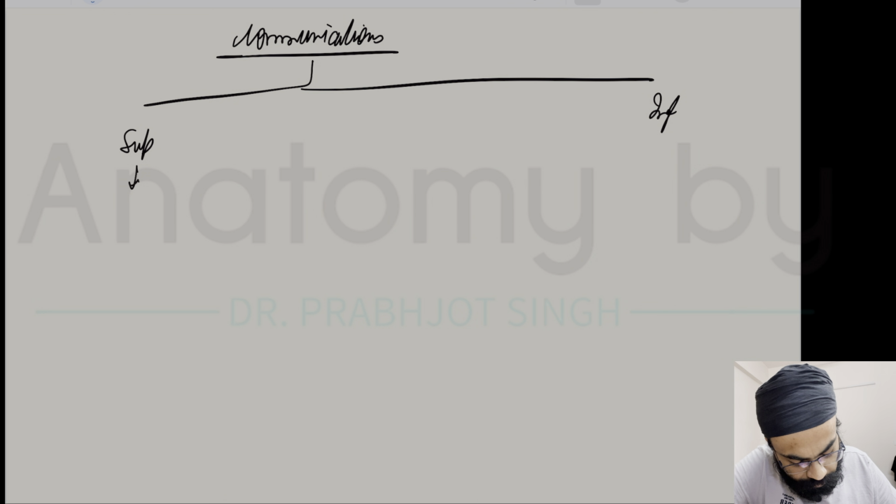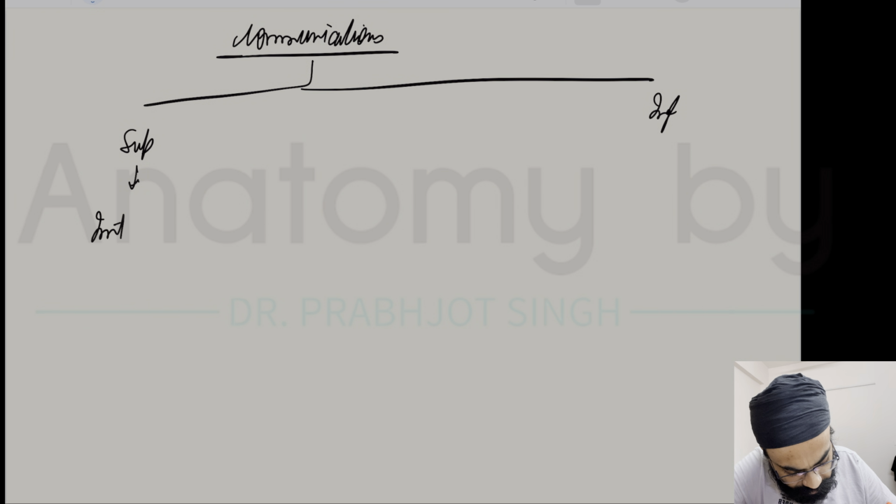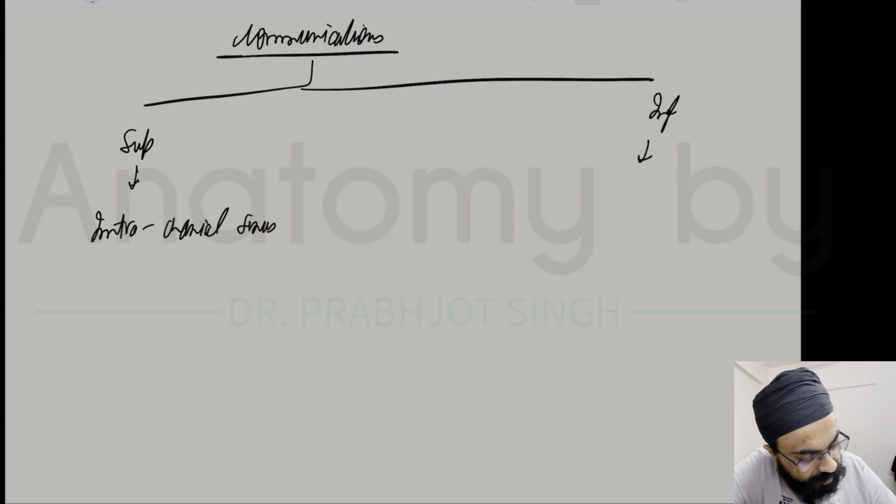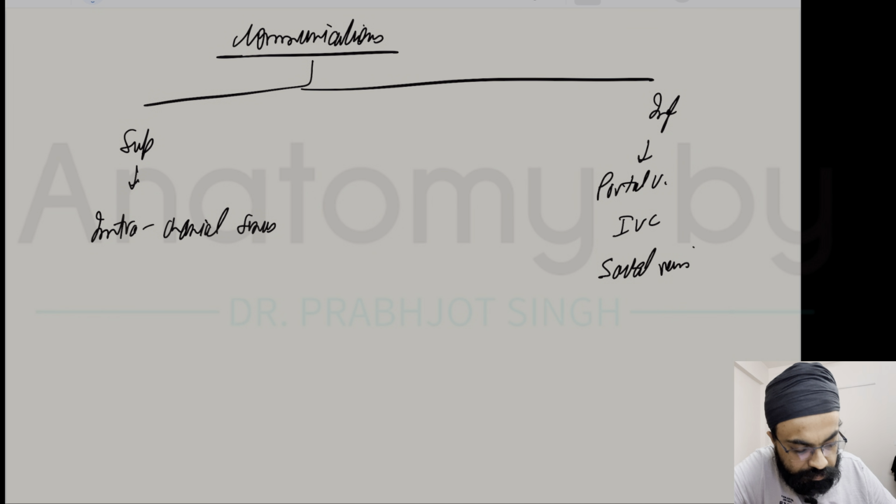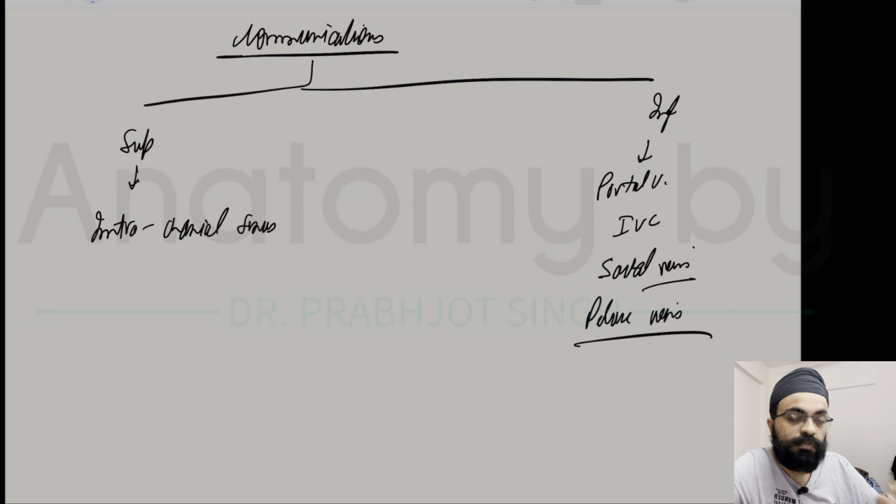Superiorly it communicates with intracranial sinuses, and inferiorly it communicates with portal vein, IVC, and your sacral veins or the pelvic veins. So these are the inferior communications.